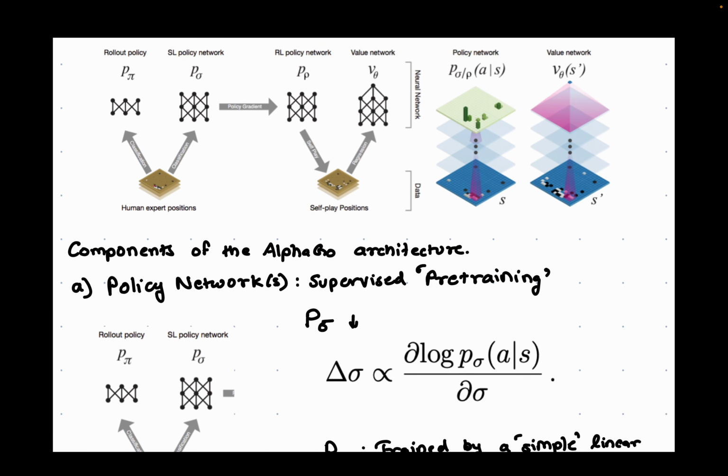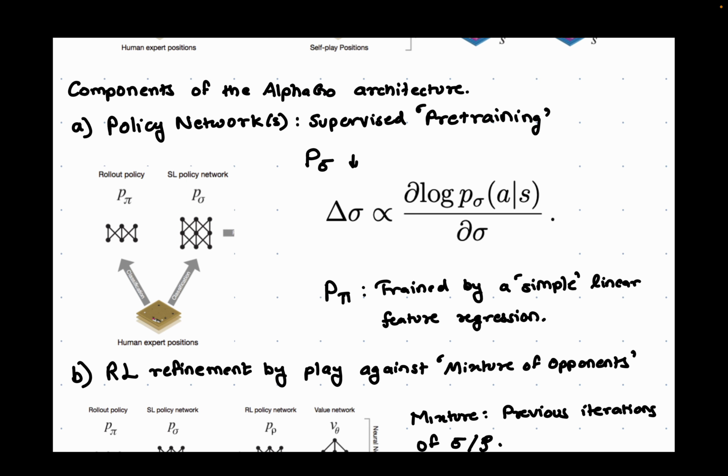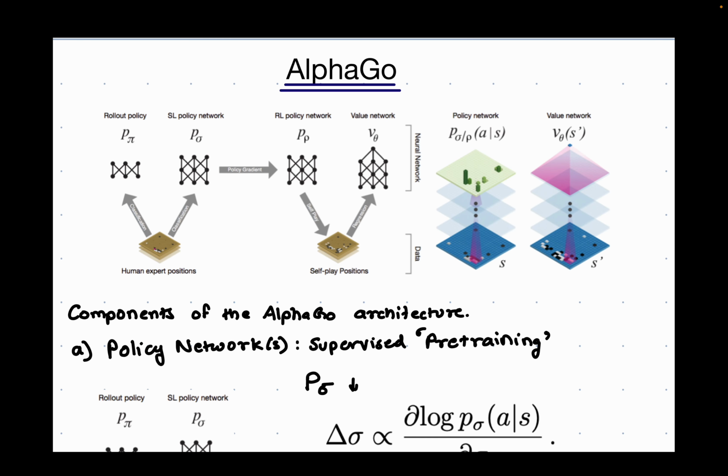So we'll start by discussing the components of the AlphaGo architecture. AlphaGo actually uses 3 to 4 components to check and balance each other to play the most efficient move during the game. The first component is supervised learned policy networks.